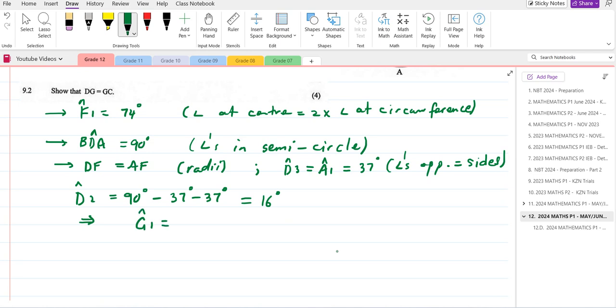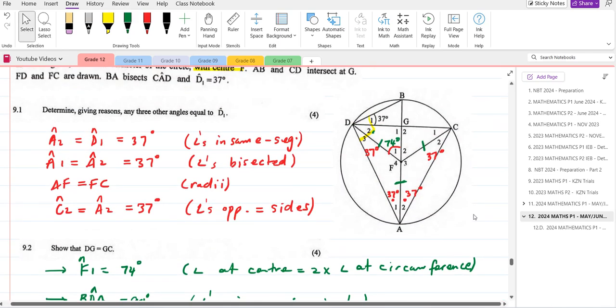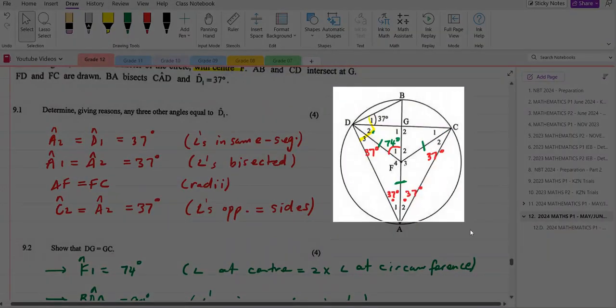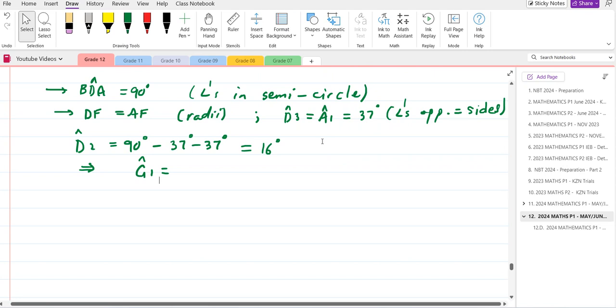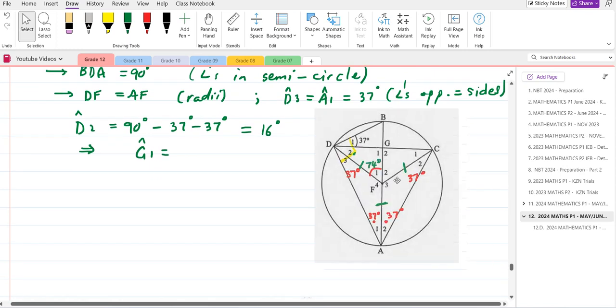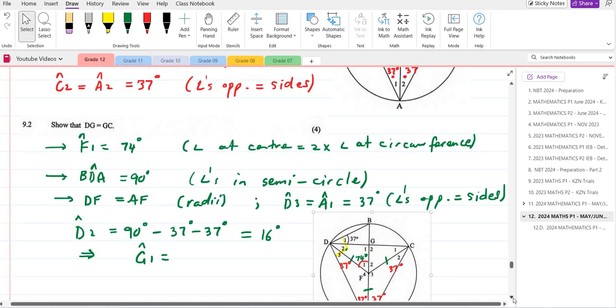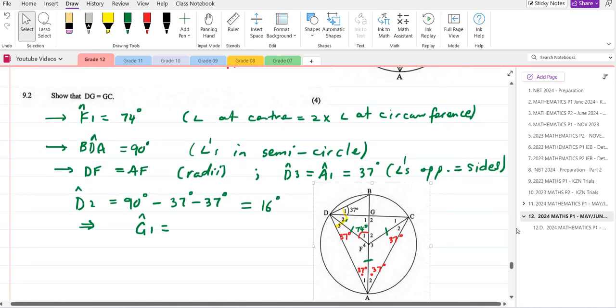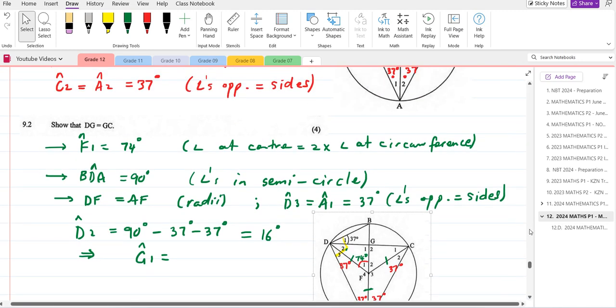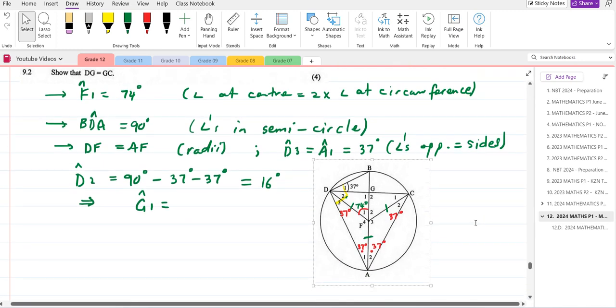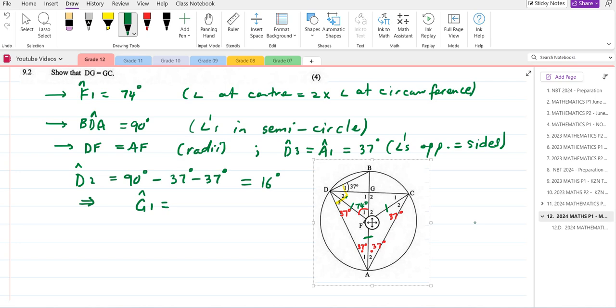Right, so I'm trying to use sum of angles of triangle now. Let's take this diagram down. Okay, so what we have now is angle G1 is equal to 90 degrees.